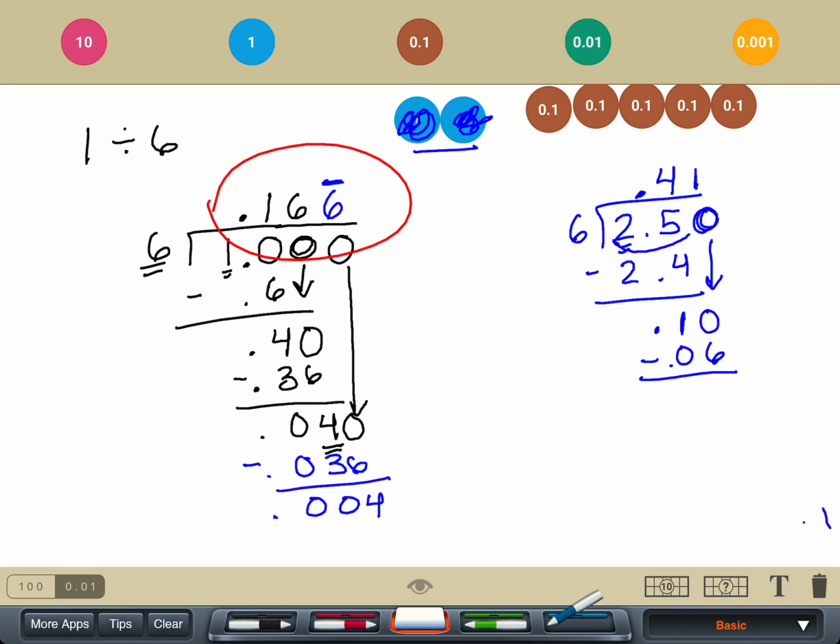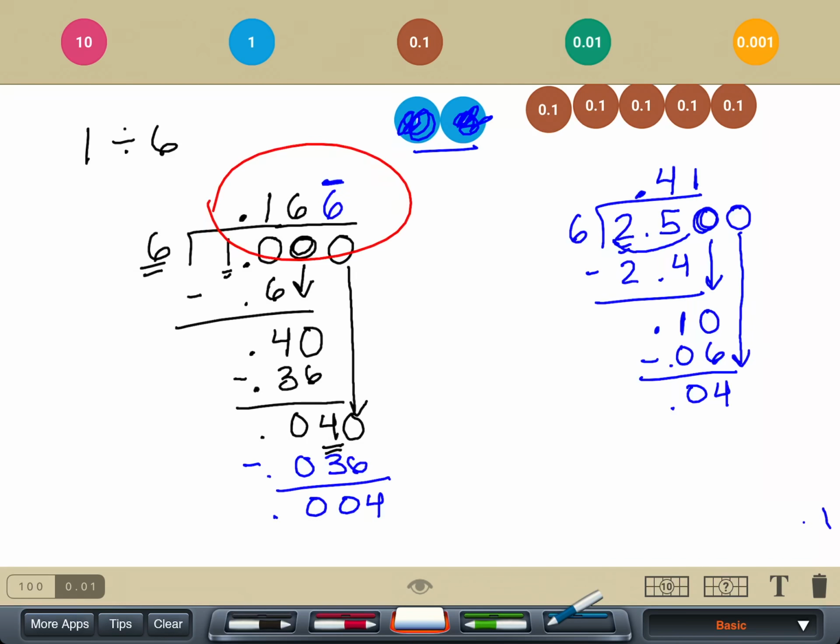We would use 6 hundredths, and we would have 4 hundredths left. I wonder if you notice what's going to happen. If we have 4 hundredths here, we don't have enough to divide it into 6 parts.